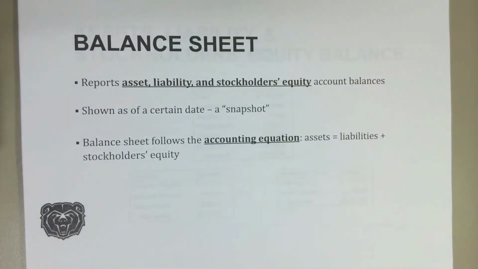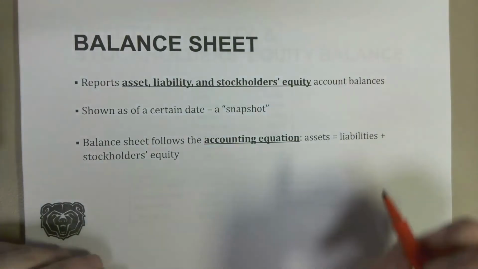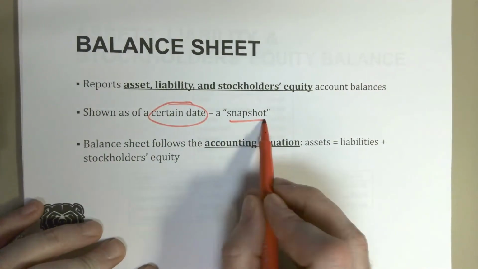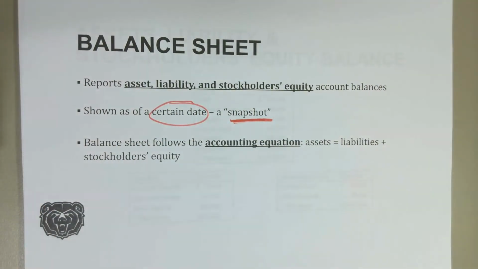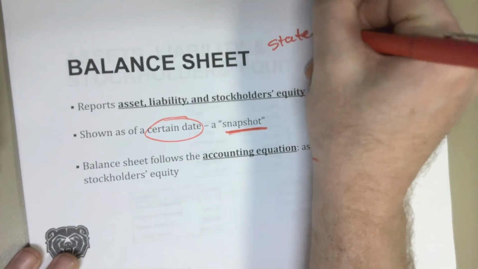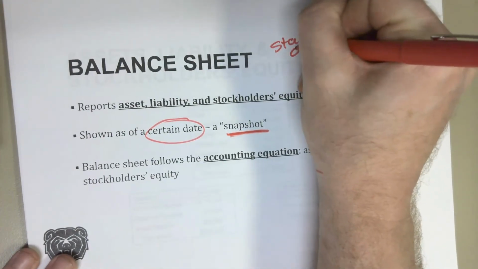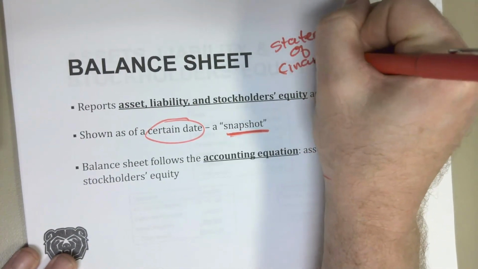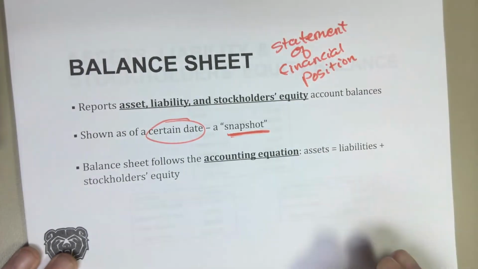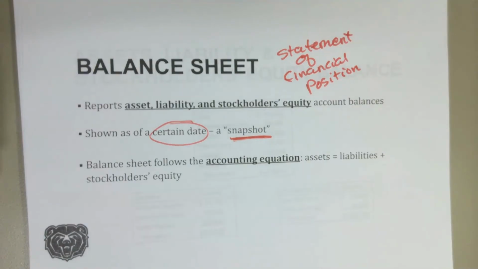So the balance sheet, as we talked about, is your assets, liabilities, and stockholders' equity balances. It is shown as of a certain date. It is a snapshot. Remember, it is a picture of a moment in time of your financial position. That's why sometimes you will see this referred to as a statement of financial position. So if you see that in EDGAR or in appendices in the book, do not be afraid.